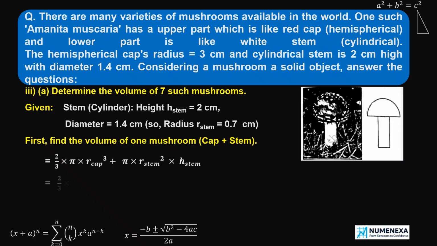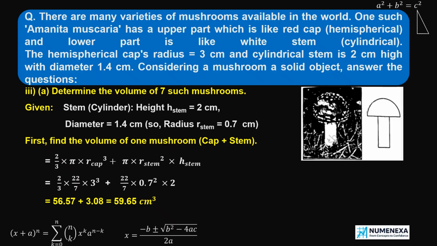Now just substituting the values, 2/3 into 22/7 into r cap, which is 3 cube, plus 22/7 into r stem, which is 0.7 square into 2, which is the height of the stem. On simplification, we get the volume of the cap as 56.57 and the volume of the cylindrical stem as 3.08. Hence, the total volume of one mushroom is 59.65 centimeter cube.